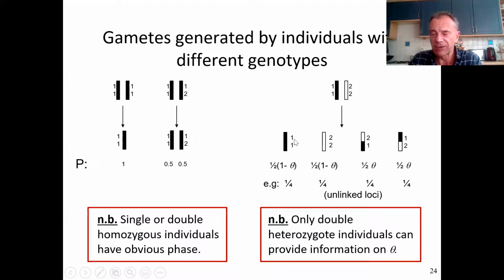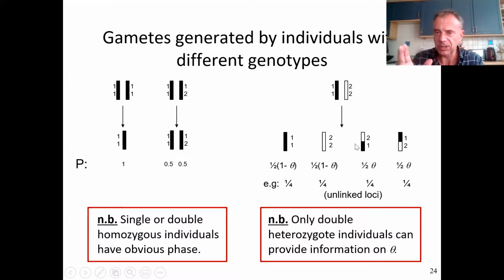The probability of this one being the same as this one is 1 minus theta, and the probability of being different is theta. So the probability of getting this one and then not a recombinant, the same one, is a half for this times 1 minus theta. Likewise, for these two, it's a half times 1 minus theta. And here we've got a recombinant. What's the probability of this? It's a half that you get this times theta that you get that.